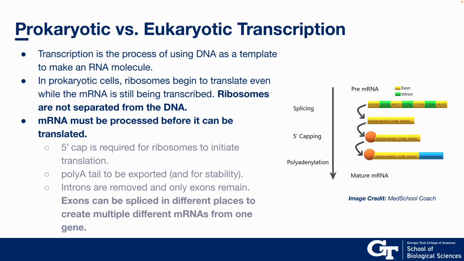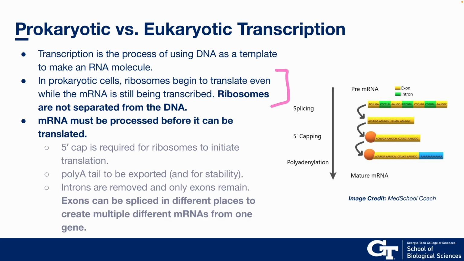So what I want you to do is picture a prokaryotic cell in your mind. If you think about it, prokaryotes don't really have much going for them. They don't really have organelles. Everything is just floating around on the inside. So as DNA is being transcribed in prokaryotes, that DNA is becoming mRNA, the ribosomes are going to bind and begin to translate it.